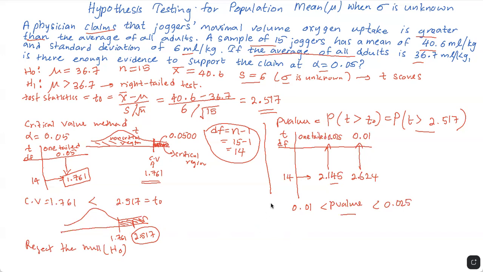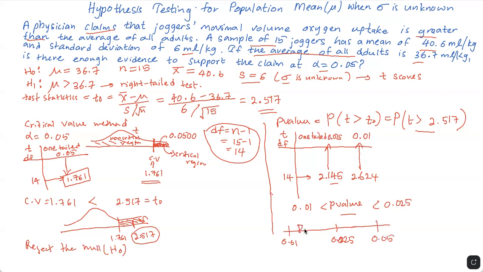Let's look at the p-value method. So we compare the p-value with alpha value. Alpha is 0.05. As you can see, 0.01 is here, 0.025 is over here, and 0.05 is over here.